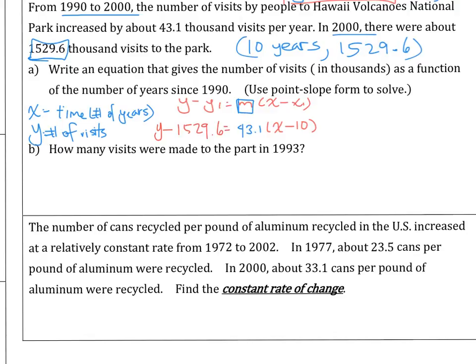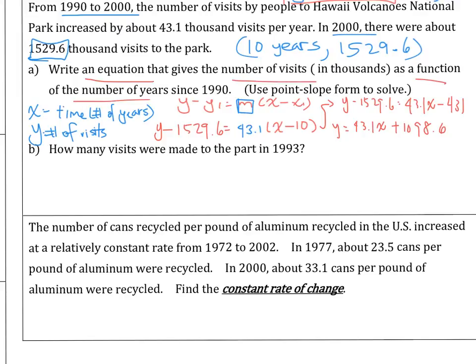And now we can simplify this. So now this will be the equation that represents the number of visits as a function of the number of years since 1990.